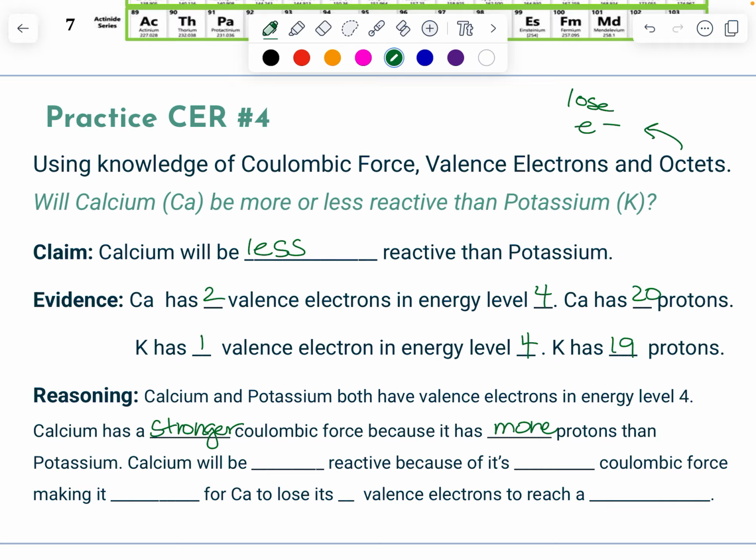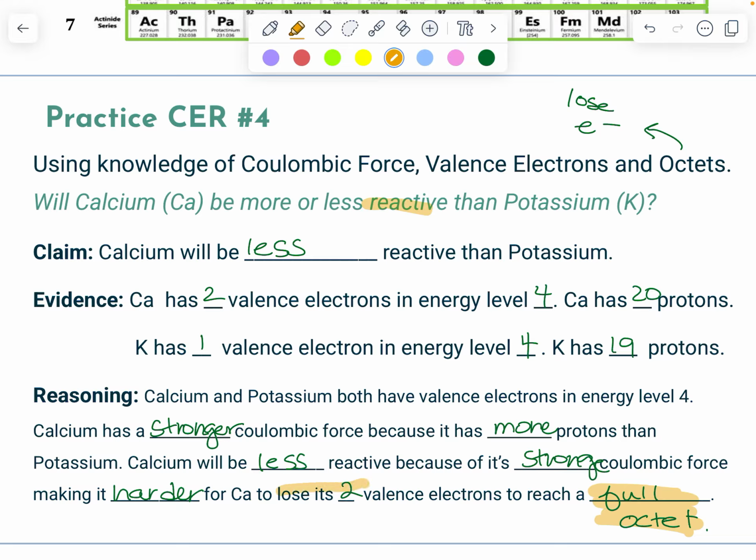Calcium will be less reactive because of its strong Coulombic force, making it harder for calcium to lose its 2 valence electrons to reach a full octet. So these ones do get a little bit, there's a lot in there, because if we're talking about reactivity, we have to mention that full octet.